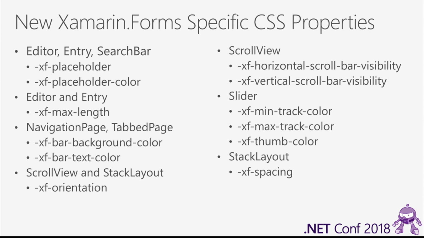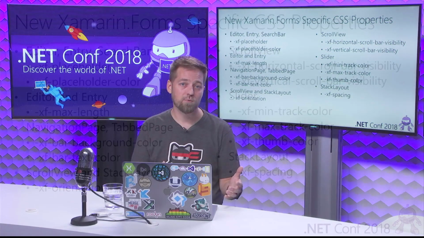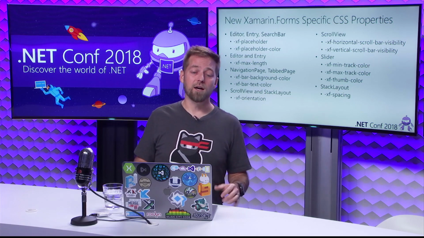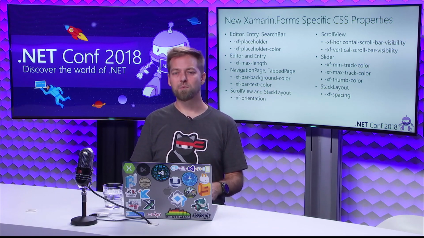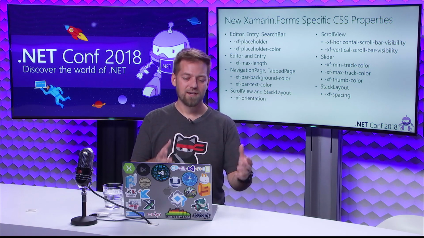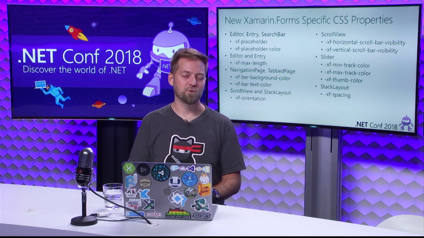So a lot more coming. I think this is a short list, and we'll be working to ship more of these things. Ideally, for those who love CSS and want to use it as their primary styling mode, you can do all the work there, and you don't need to jump between CSS and the appearance class for iOS and XAML styles and all those sorts of things.